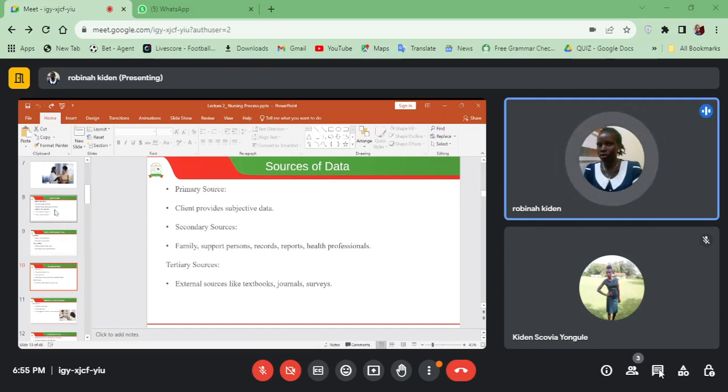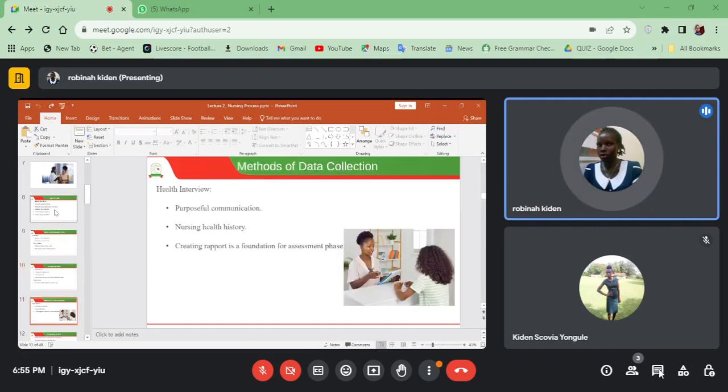Then we still continue with methods of data collection. So we have the health interview. The health interview is a purposeful communication, and it involves taking the nursing health history. Creating rapport is actually the major foundation of the assessment phase.